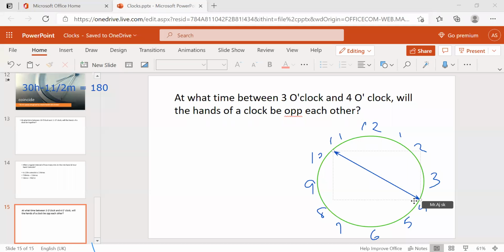Now same thing, 3 and 4. It's nothing but the minute hand will show this one, right?